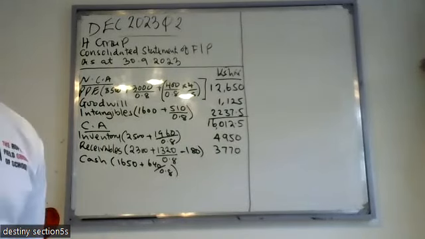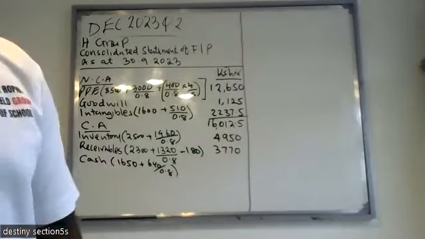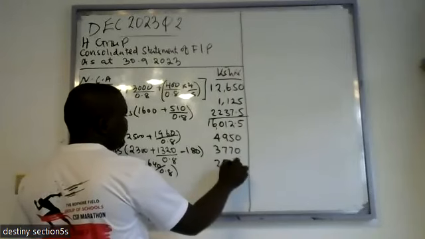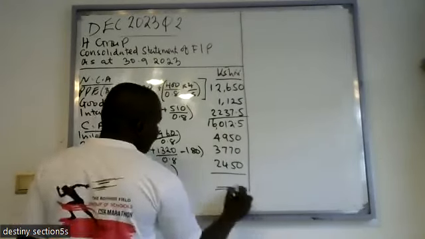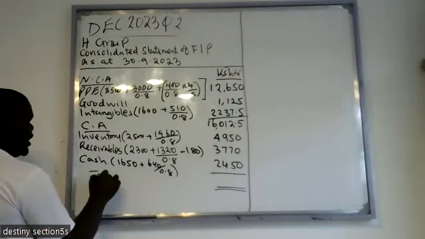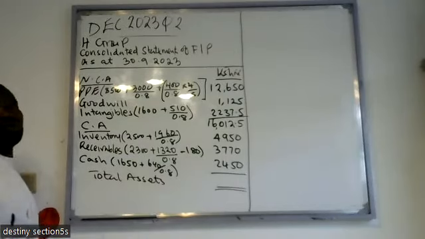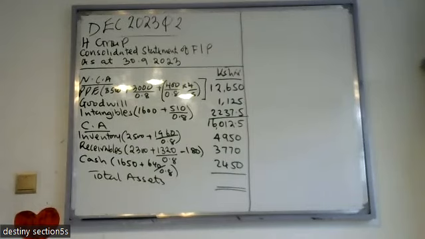Cash comes to how much? 2450. So somebody give me the total value of assets. So total assets will be how much? The money is as easy as that.